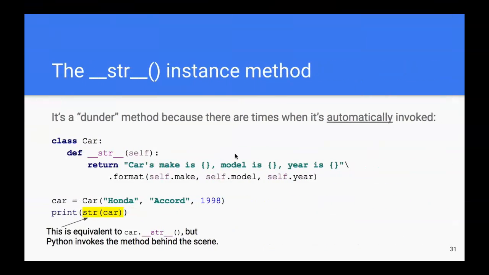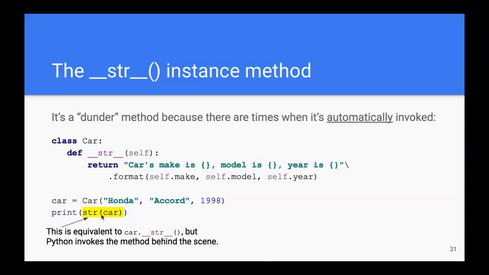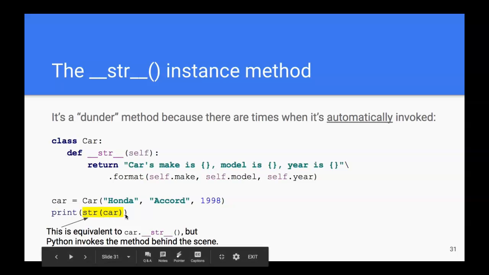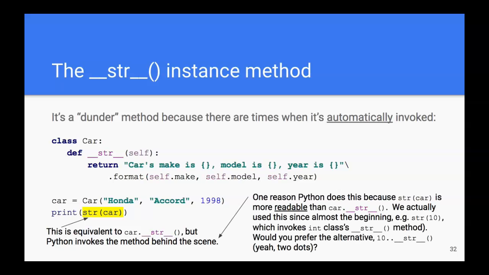Okay, and that's why this is a dunder method, because it's automatically invoked when you're trying to construct a string from a car object. Okay, and I think this would look familiar because we have done this before, right?